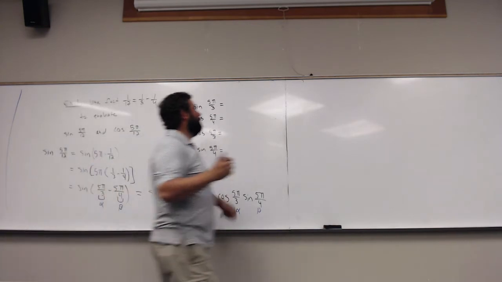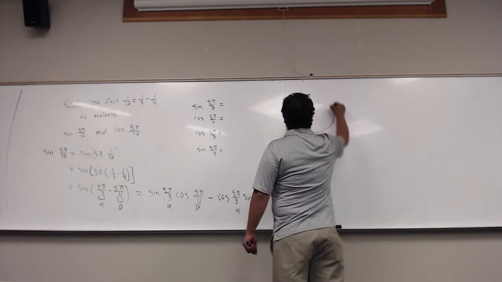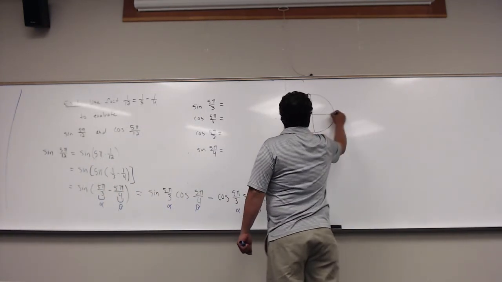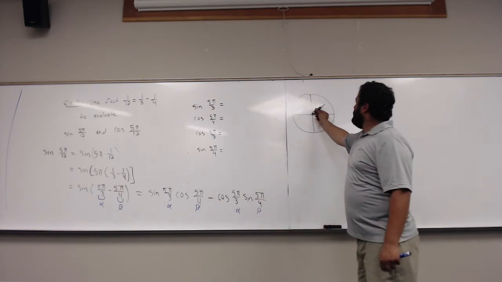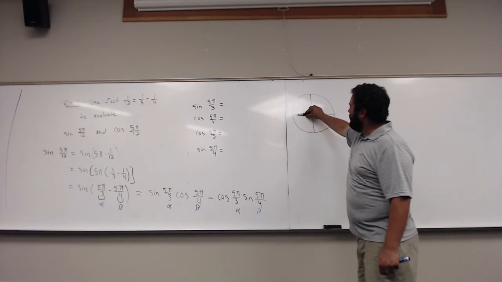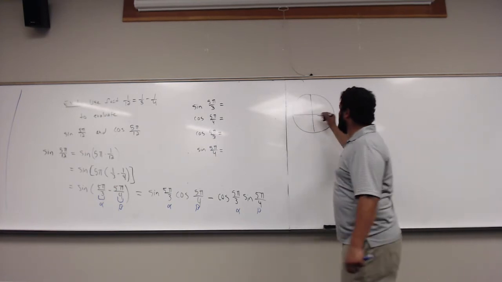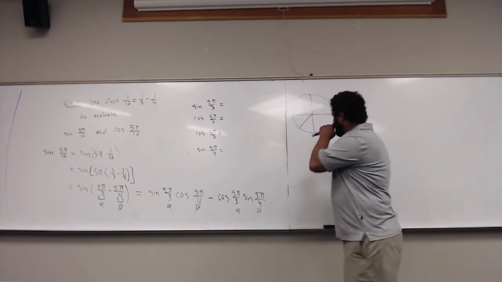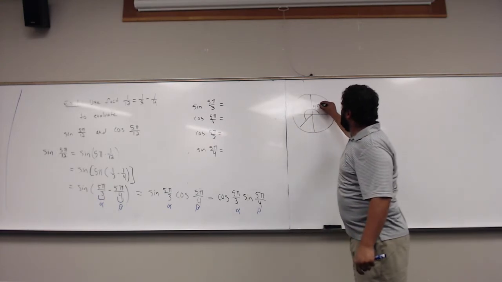So maybe it would be helpful if I draw the unit circle here. 1 pi over 4, 2 pi over 4, 3 pi over 4, 4 pi over 4, 5 pi over 4. So there's 5 pi over 4.